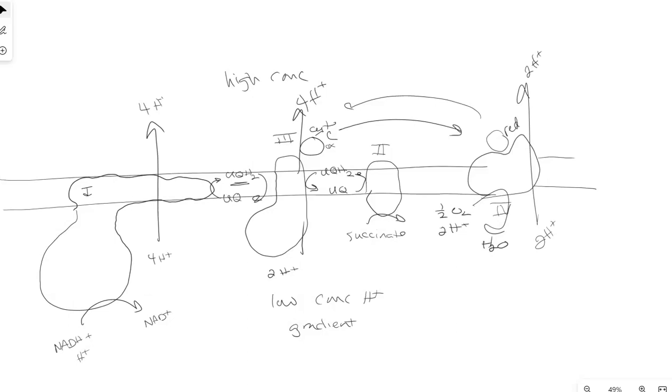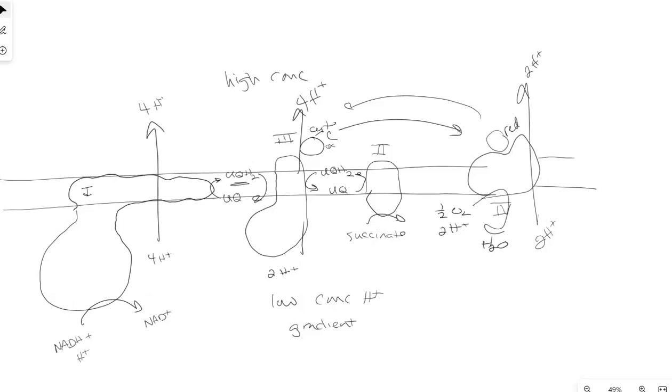And this is how the 4 complexes and the 2 mobile electron carriers play together to harvest energy from our highest energy sources, NADH and FADH2, and sequentially transfers the electrons stepwise in a fashion which allows us to harvest the energy in the form of establishing a proton gradient in a very, very efficient manner and squeeze as much of the potential from the high energy electrons as possible as we take them all the way through the electron transport chain.